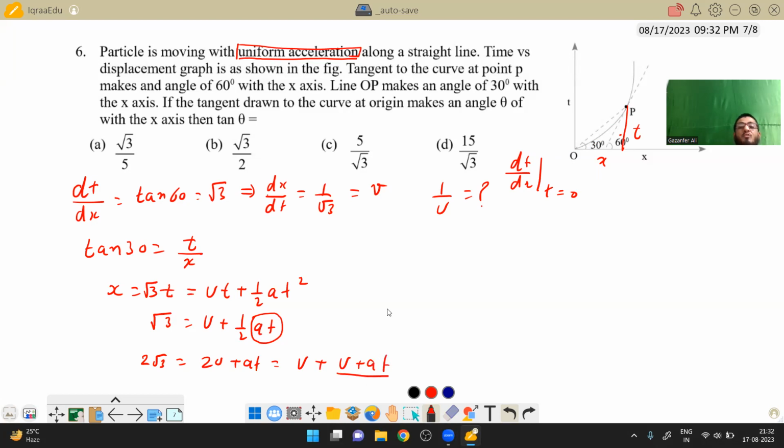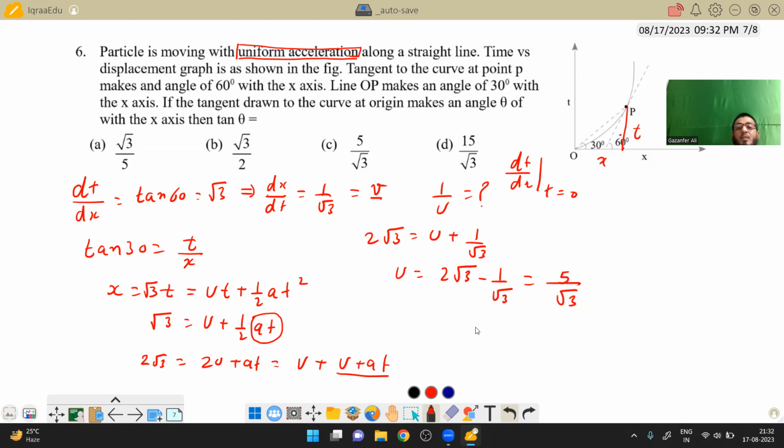And what is u plus at? That is v. And we have that. So what we get is 2 root 3 is u plus 1 by root 3. So what is u? u is equal to 2 root 3 minus 1 by root 3.